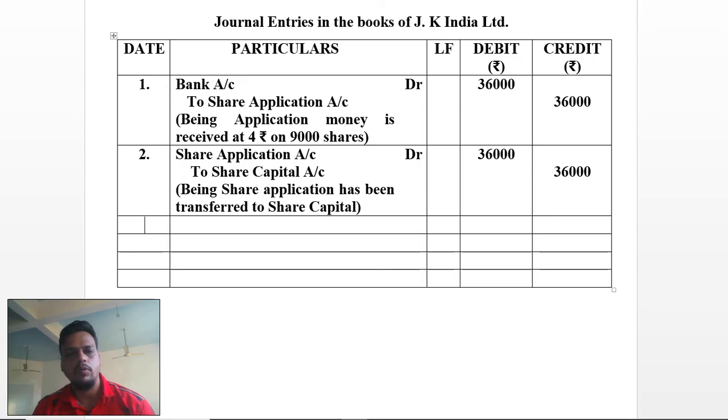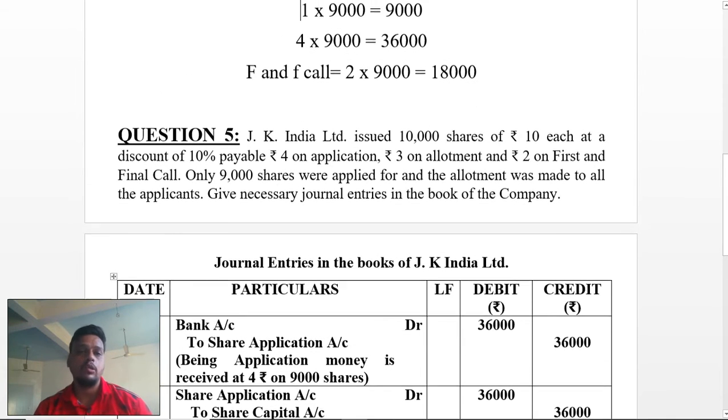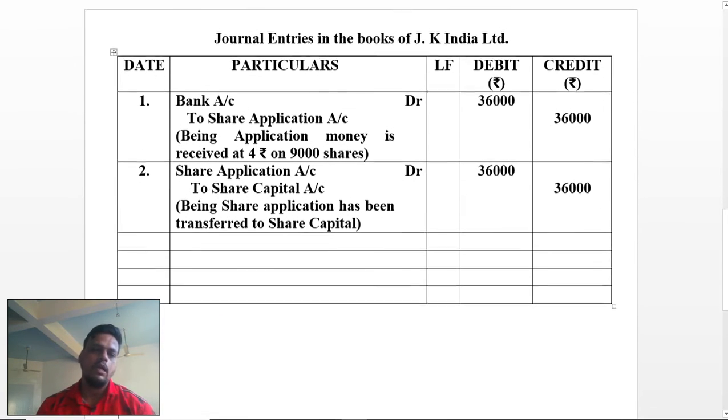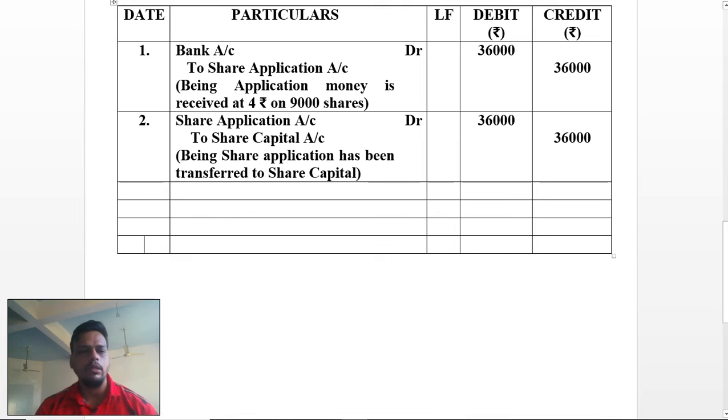Now we are going with the main entry here, as on allotment. As it is mentioned that on allotment you have to take by default a discount, as your face value is 10 rupees. Out of that we have to reduce 1 rupee as a discount, so we have to go with the entry number 3 on allotment.